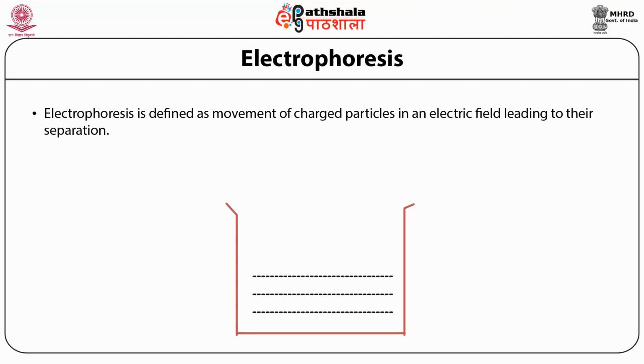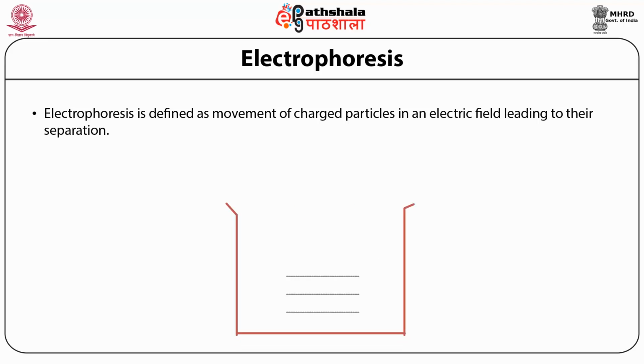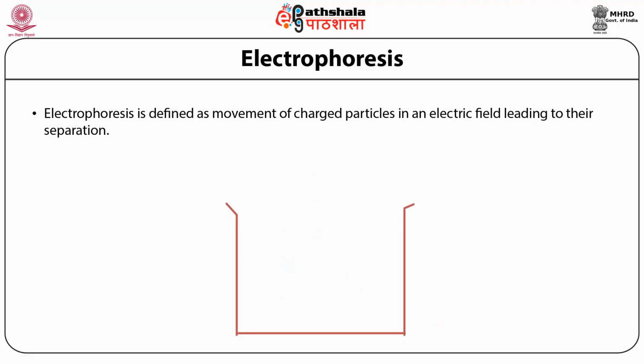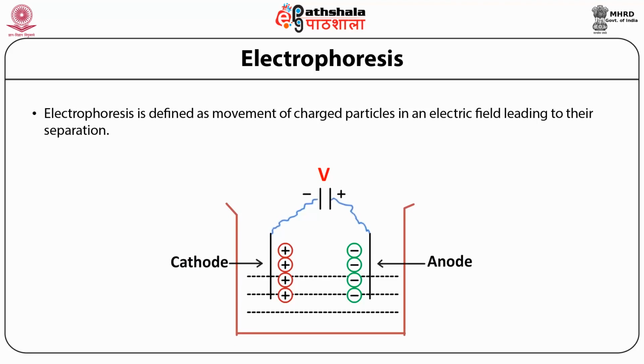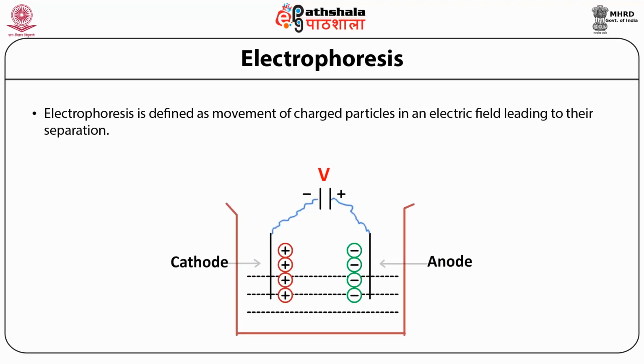It is also essential to understand that electrophoresis is a separation technique and separation is based on differences in velocity of charged particles. Also, separation occurs before these particles approach respective electrodes.